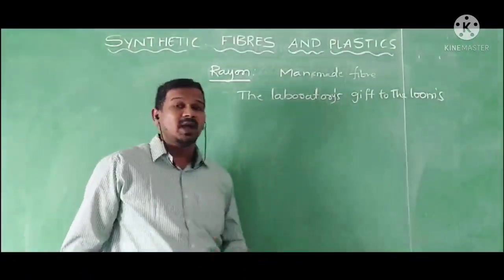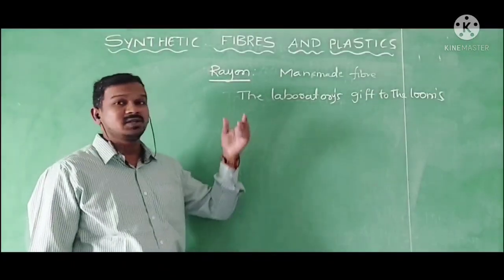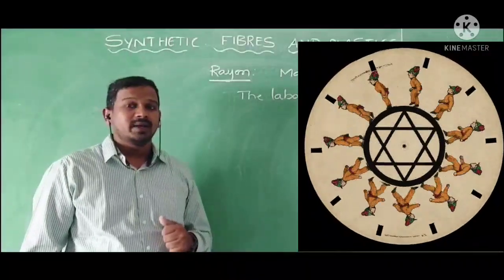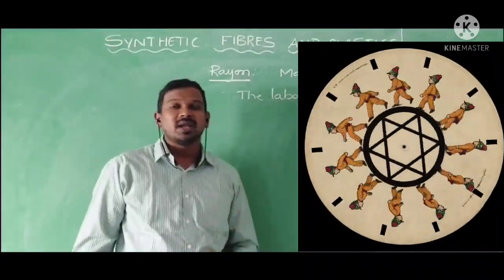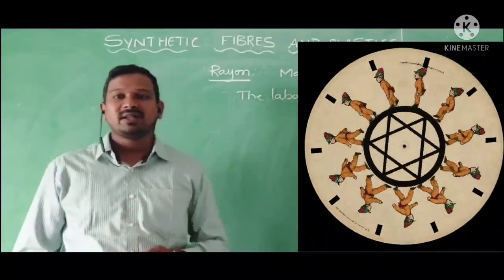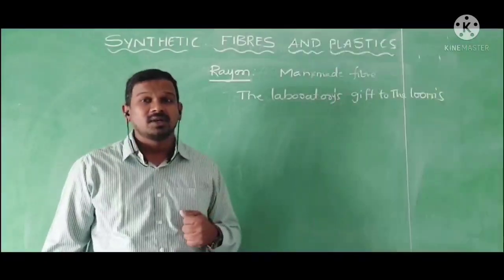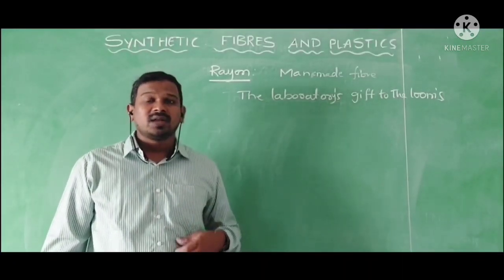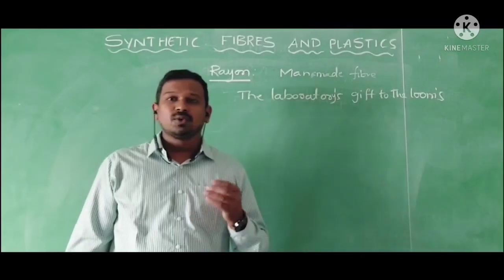Now there is a history behind the manufacturing of rayon. Before the 19th century in China, silk was manufactured from silkworms. It was very costly, very shiny, and very beautiful.